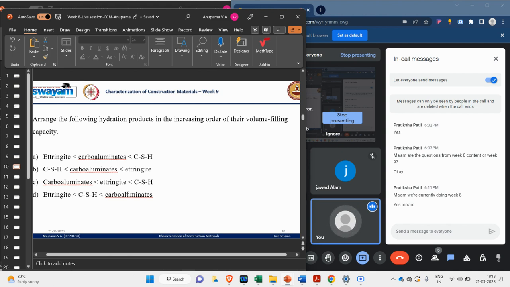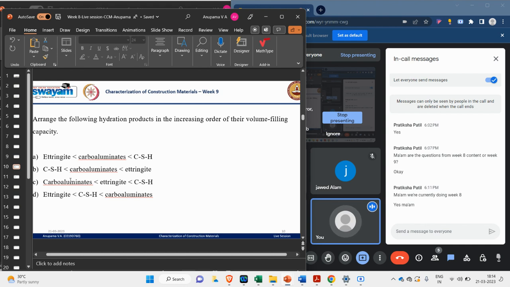If you hydrate an equal amount of each of these, the volume filled by each component is not the same. Some component will be more volume filling, some other will not fill that much volume. Which has the highest volume filling capacity? You have to arrange them in increasing order of their volume filling capacity.